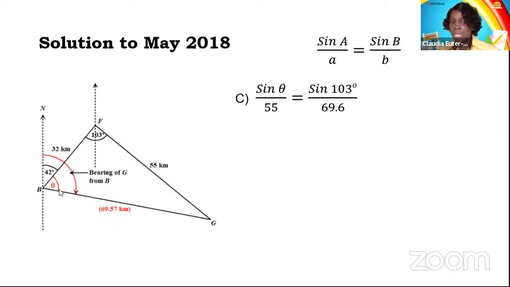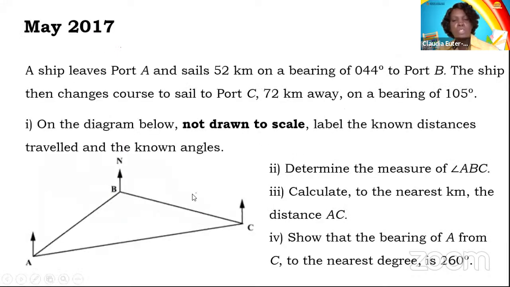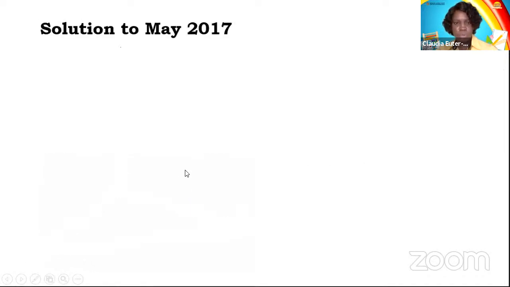The angle is not known, but you know the opposite side, and a pair is known here. So you apply the sine rule. Our job right now is to know which one I would use. So I'm going to go to the next question for you just to tell me which one you would use. We're not calculating now, just tell me which one you would use. The diagram is here, and I'm going to go through to this one.